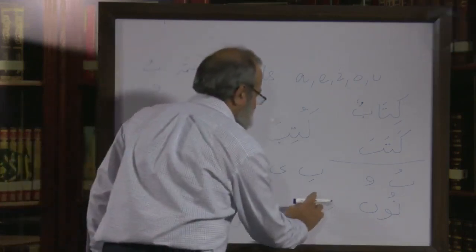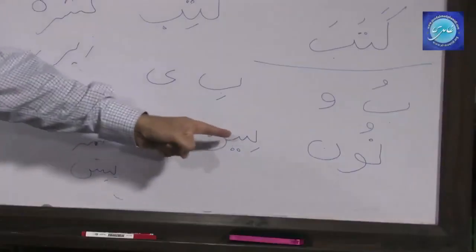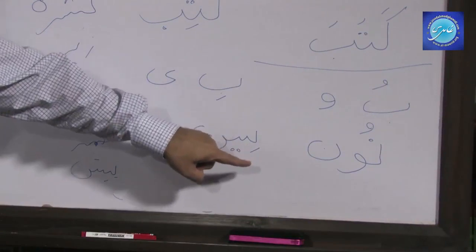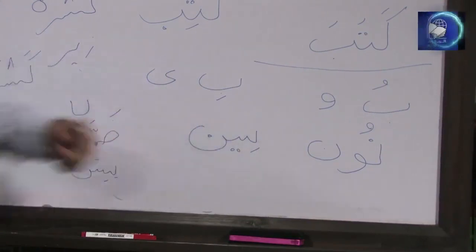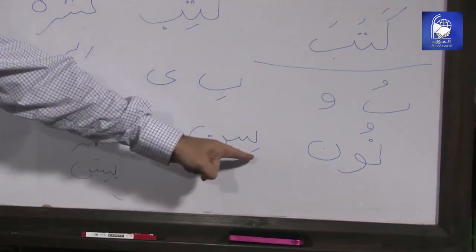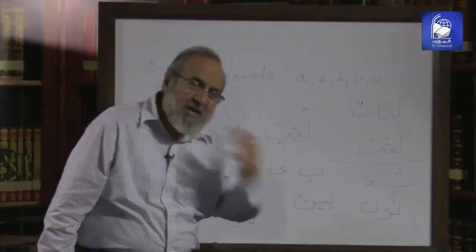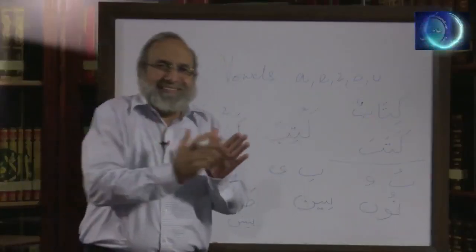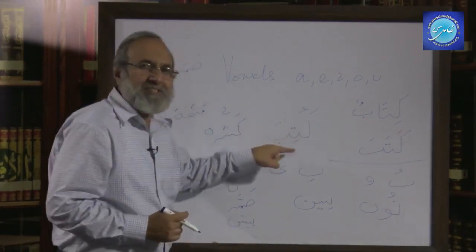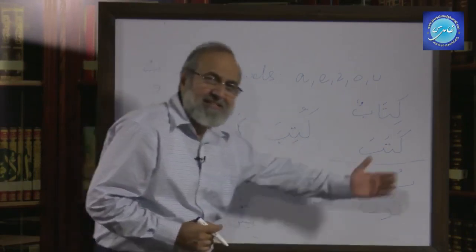Now what you find is that seen, with a kasra, is immediately followed by ya, its partner alphabet. And the sound is prolonged, extended. It's not like here, ko ti ba. It's not just ti, it's seen, a longer ti.